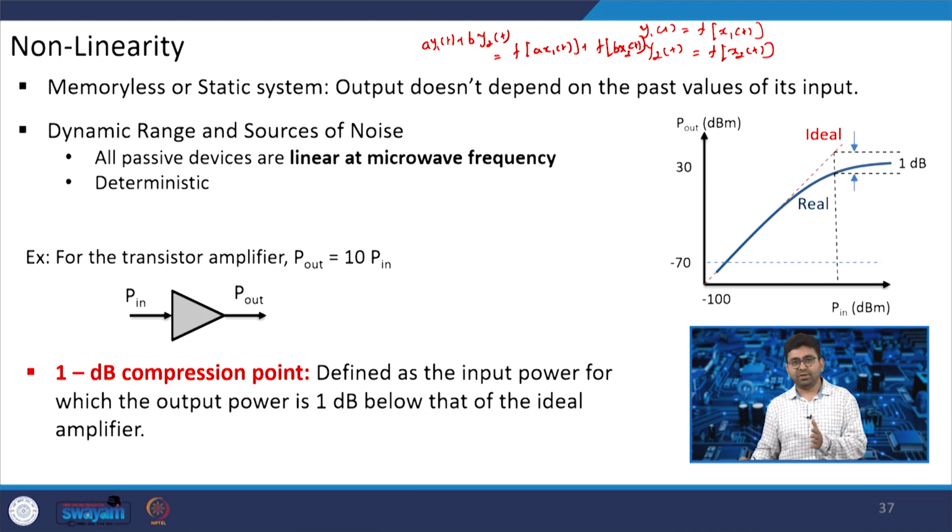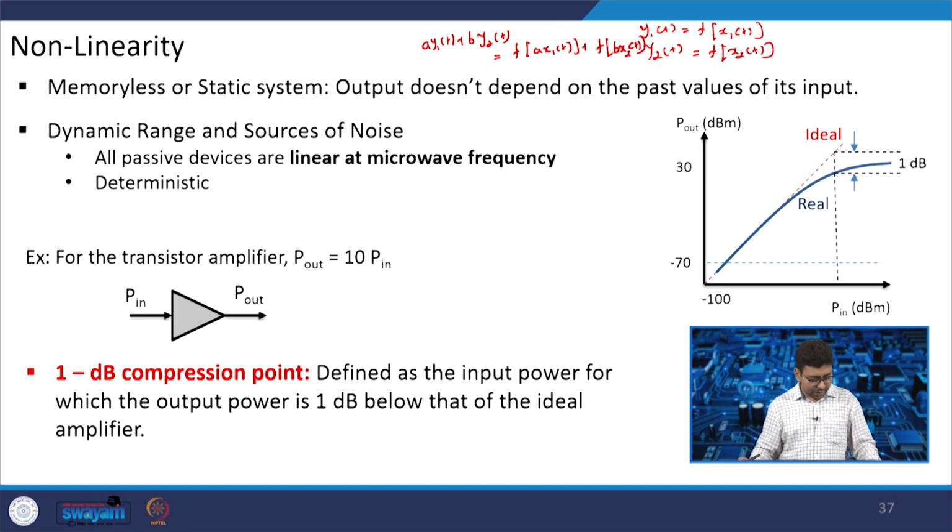It should follow the superposition theorem. If you add two systems multiplied by gains a and b, the output function will also have the same addition and multiplication. This is the condition for linearity.